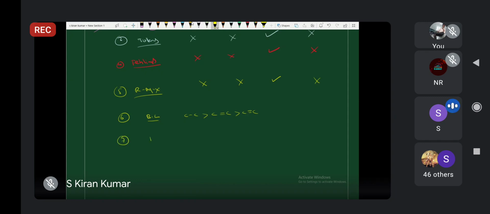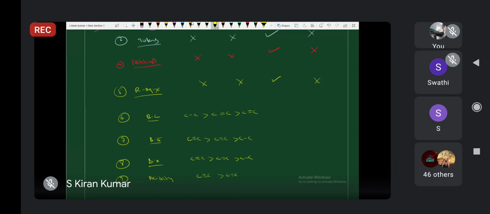Bond energy is more for which one? Triple bond, next double bond, next single bond. Next, bond angle: 180 degrees for triple bond, 120 for double bond, 109 degrees for single bond. Next one, acidic nature: same, triple bond, double bond, single.